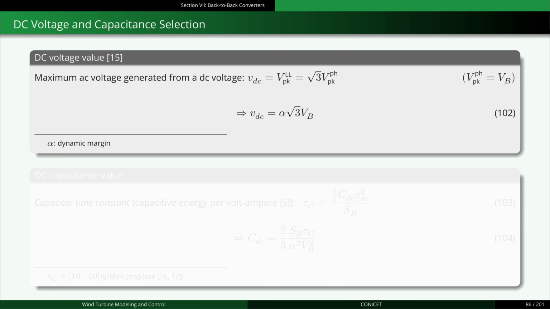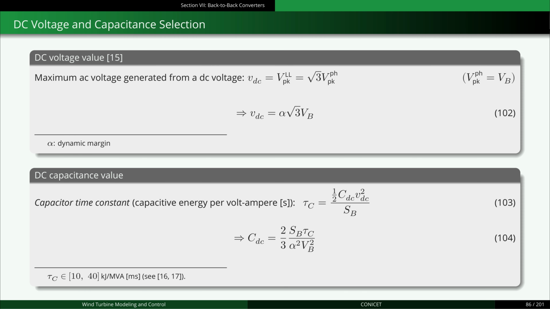Therefore, according to our base voltage convention, the DC voltage must be equal to the square root of 3 multiplied by the base voltage. A dynamic margin alpha is usually adopted, resulting in the DC voltage value shown in equation 102.